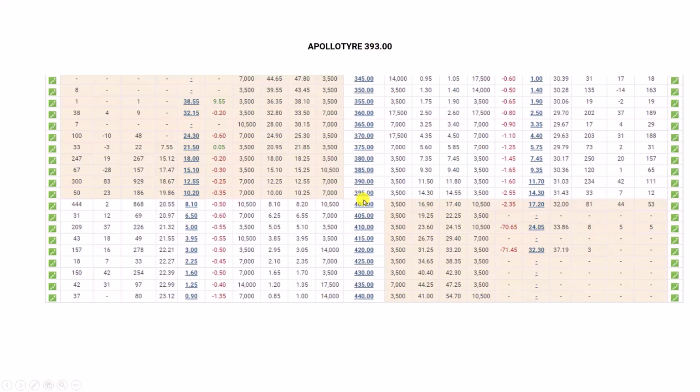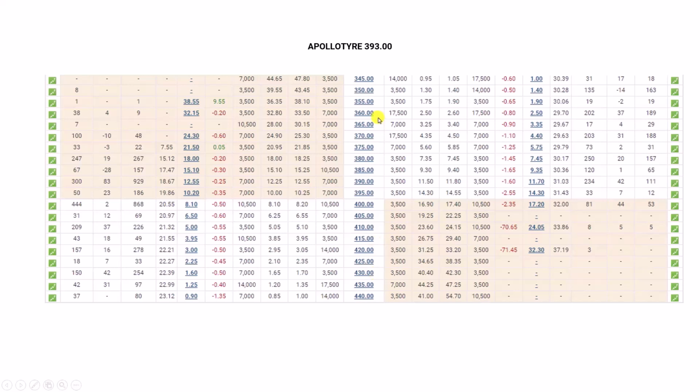Tomorrow, how much can it go in the upside maximum, and how much in the downside minimum? Can the stock price go till 370? It may go, we do not know. Can it go up till 430? It may go, we do not know.